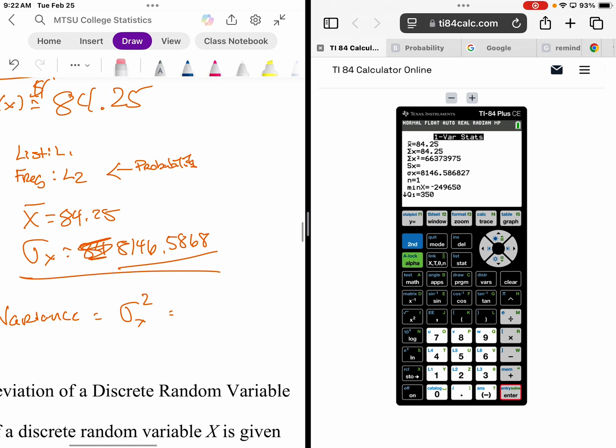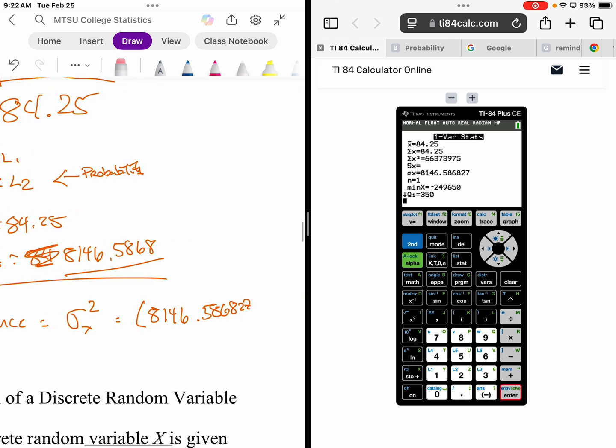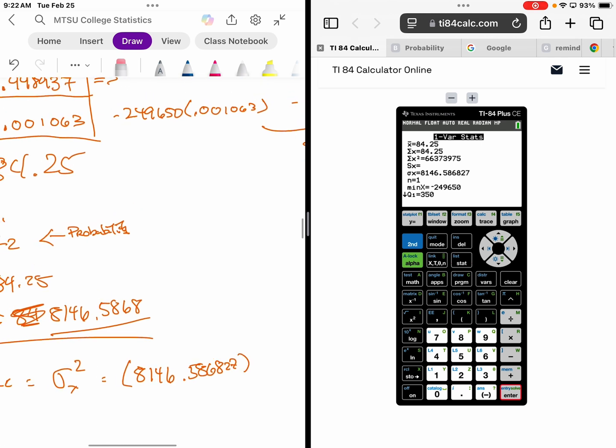That would be equal to 8146.586827, and then I got to square it. So you can go in there and say, all right, 8146.586827, raise it to the second power. Enter.